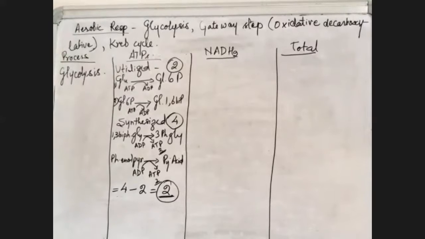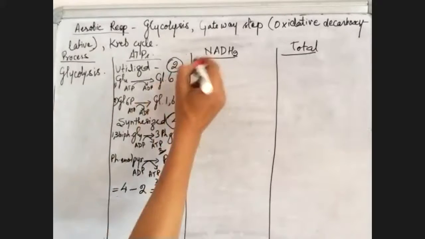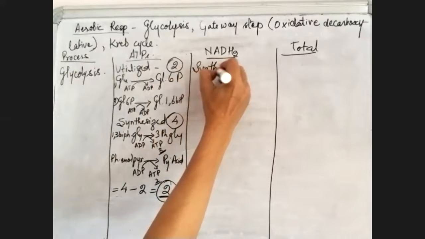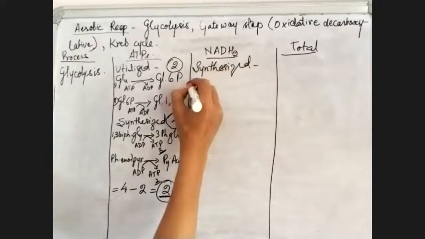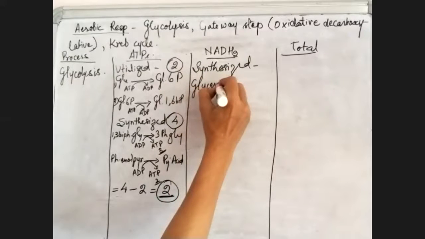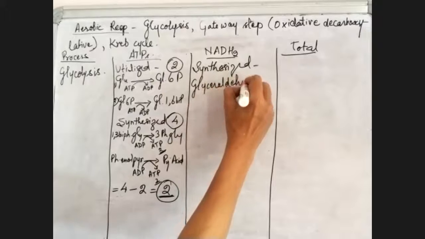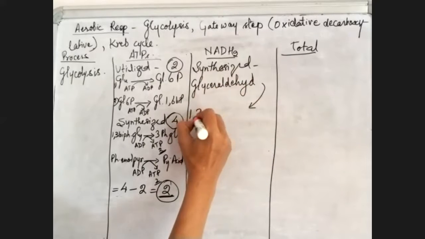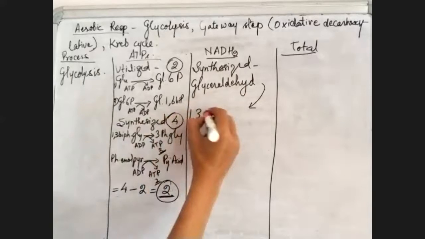After splitting, glyceraldehyde formed 1,3-biphosphoglycerate. NADH2 was synthesized at only one step, and that step was glyceraldehyde getting converted into 1,3-biphosphoglycerate.